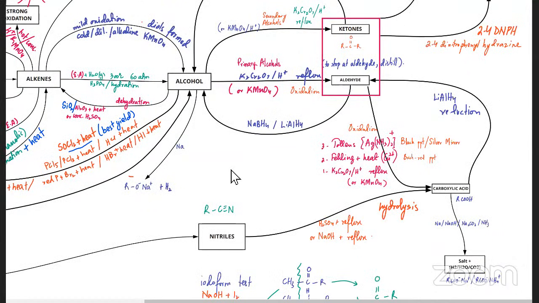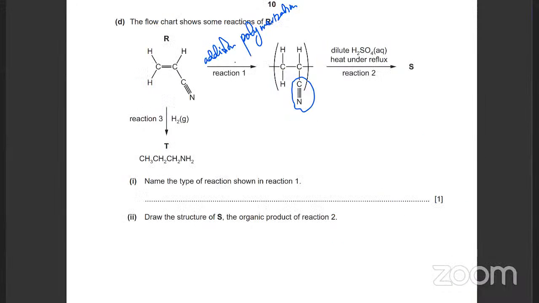So remember, a CN turns into a carboxylic acid if you heat it with H2SO4 or alkaline hydrolysis. So that's this reaction. If they ask you to draw this, you'll just have a carboxylic acid at the bottom instead of the CN. And it will still remain a polymer. Nothing happens to the rest of the molecule. The name that's given to this is hydrolysis.